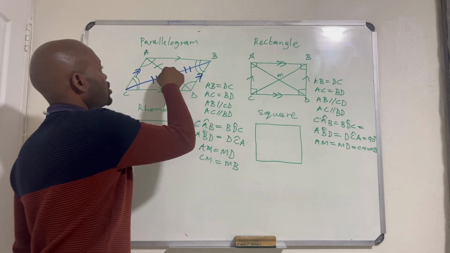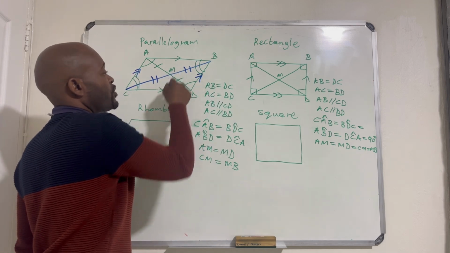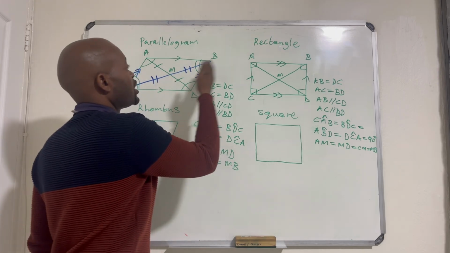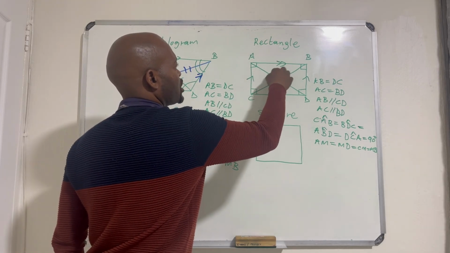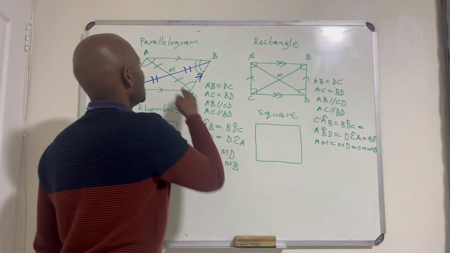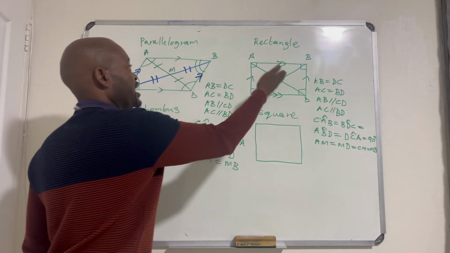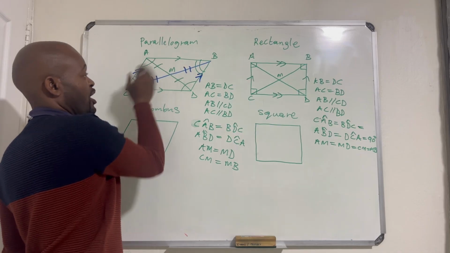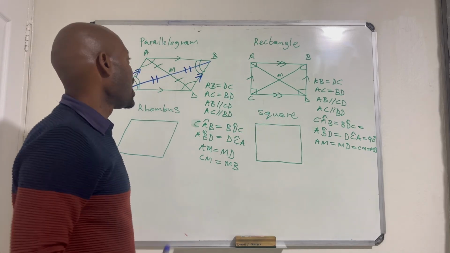You can see this is not a right angle. This is not a right angle. Even here, this is not 90, this is not 90. Diagonals bisect each other for a parallelogram, but not at a right angle.